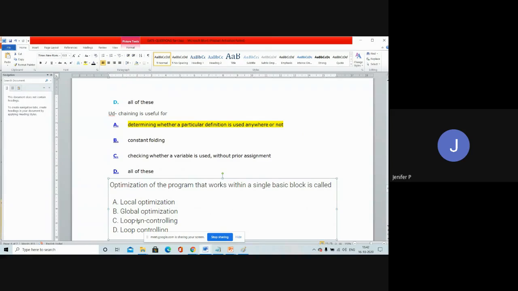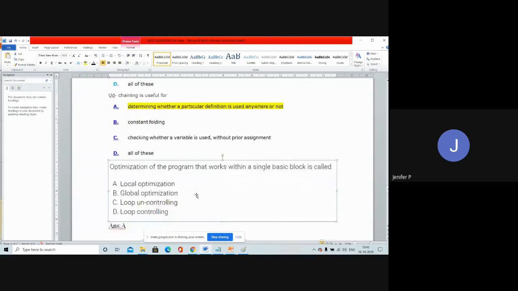Then loop controlling is concerned with loops, which may involve a conditional jump or unconditional jump, like if i is less than 10 go to 3, a conditional jump. Optimization within a block is local optimization.